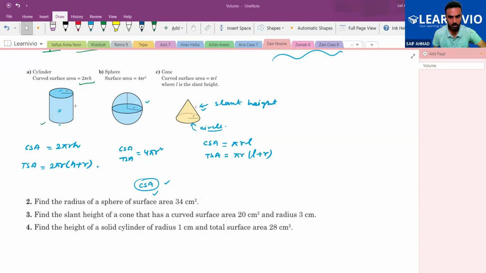Curved surface area. CSA. We finished. Try these questions.